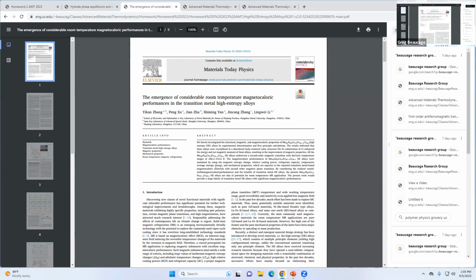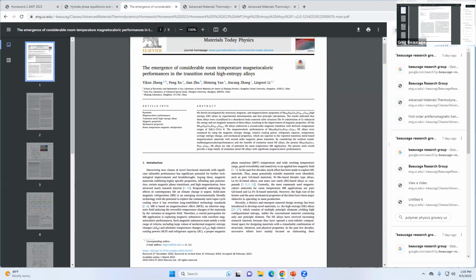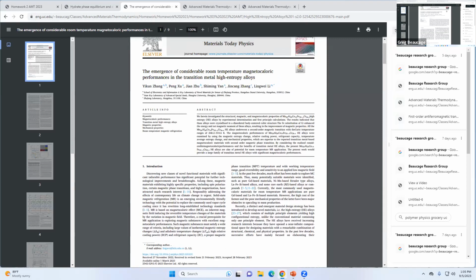But here there are 5 components, and all of them can swap in. They call it a high entropy alloy because the things are mixed up. In other words, you get a lot of different states when all 5 components can have different positions.